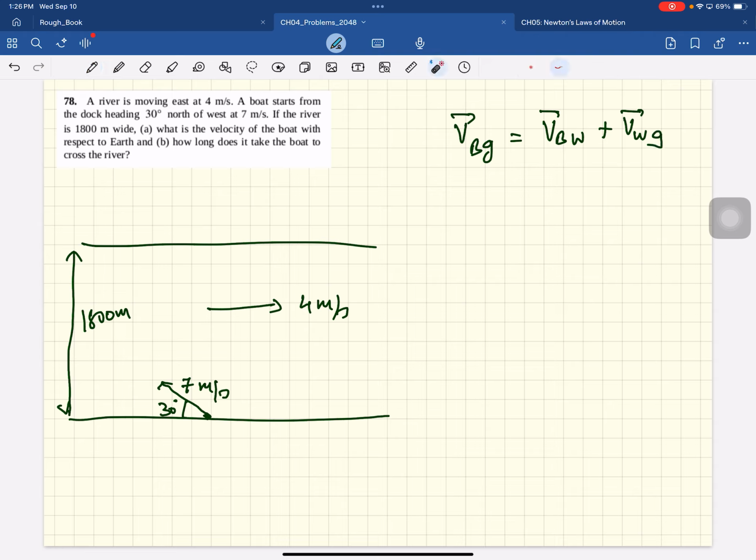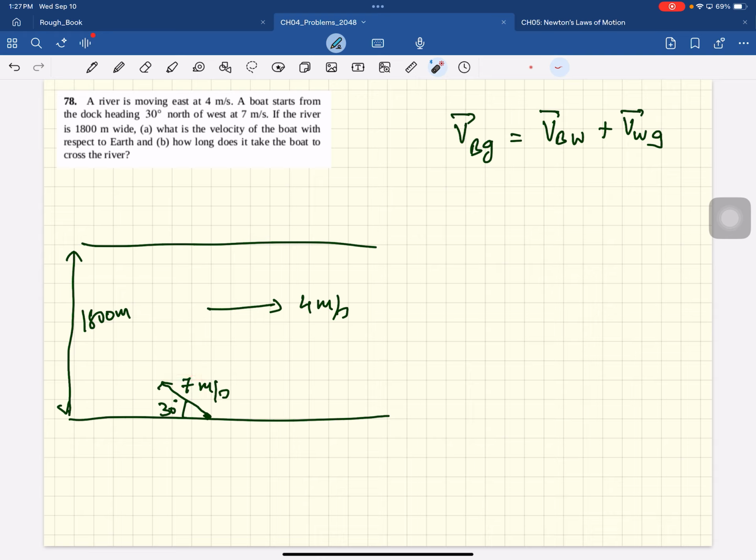What this means is this is the velocity of the boat with respect to ground. That's what those subscripts mean. And remember, what you can do is add a letter in between. So this is the velocity of the boat with respect to water, and the velocity of water with respect to ground. So this velocity plus this velocity gives you the ground velocity of the boat.